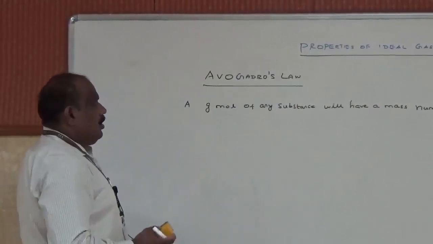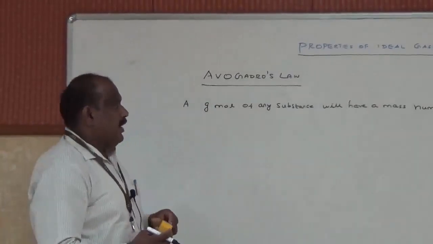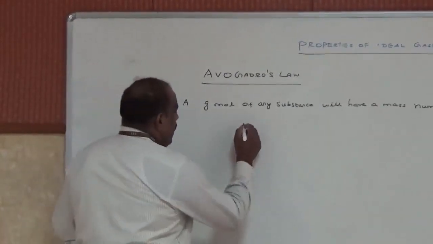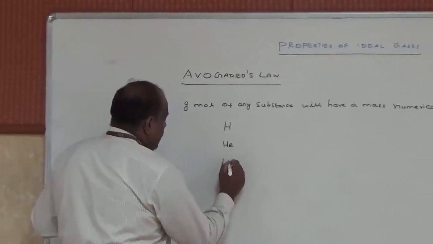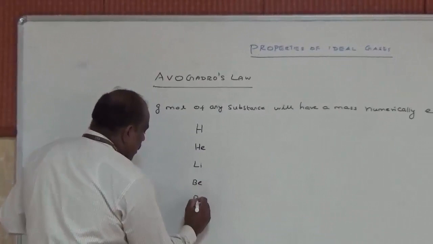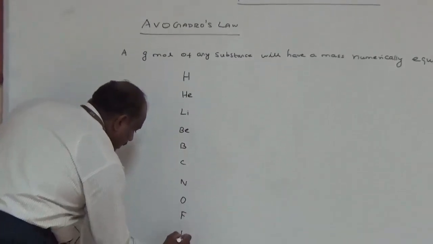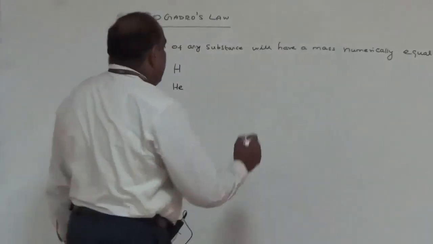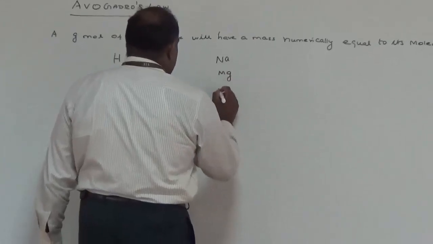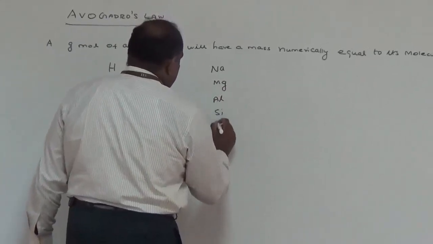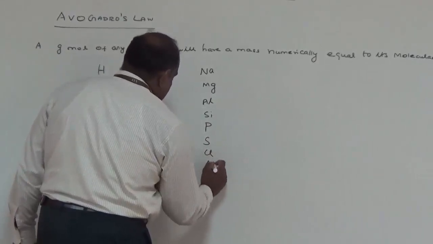Now before going to know about the mass, let us know the molecular weight of every element. Let us see the periodic table: hydrogen, helium, lithium, beryllium, boron, carbon, nitrogen, oxygen, fluorine, neon, then sodium, magnesium, aluminum, silicon, phosphorus, sulfur, chlorine, argon.